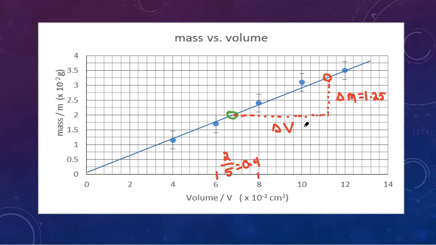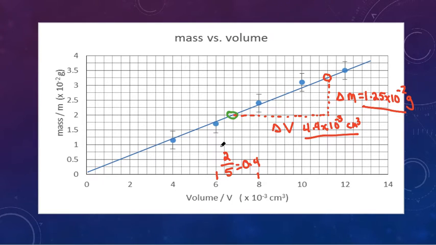Okay, so that would be 4.4 times 10 to the minus 3 cubic centimeters. And likewise, this would be times 10 to the minus 2 grams. So to do my slope, I'm going to do that number divided by that number.